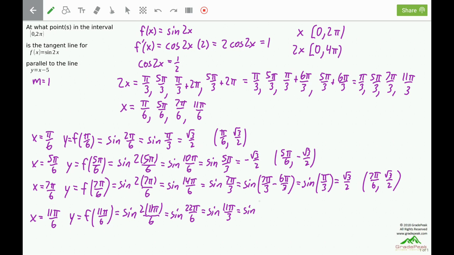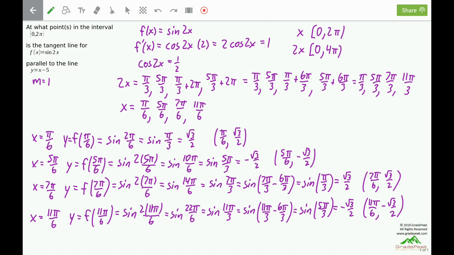So we will subtract 2 pi from it to bring it back to a unit circle range. I will call it 6 pi over 3, 2 pi equivalent. And 11 pi minus 6 pi is 5 pi over 3. And the sine of 5 pi over 3 is negative root 3 over 2, leaving us with the point 11 pi over 6, comma, negative root 3 over 2.